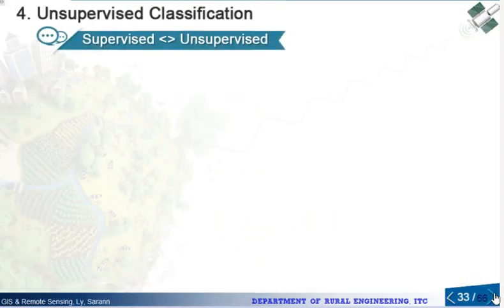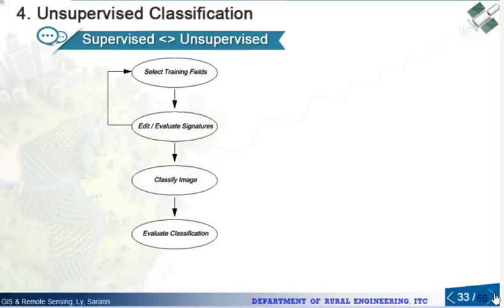This slide shows you the difference between supervised and unsupervised classification. For supervised classification, we need to select the training field, and then we can evaluate the signature, and then we can classify the image, and we can evaluate the classification.